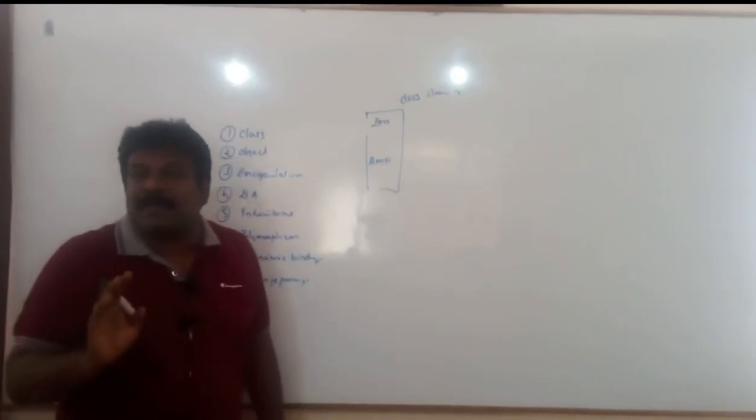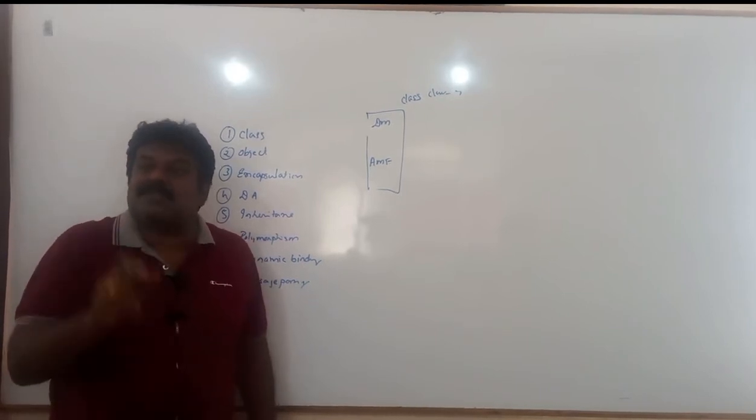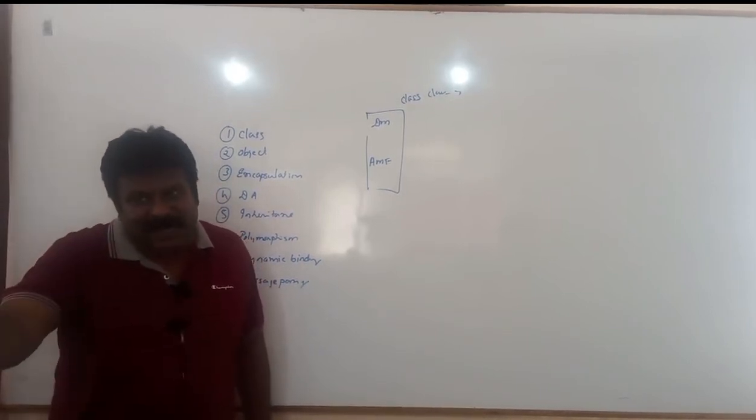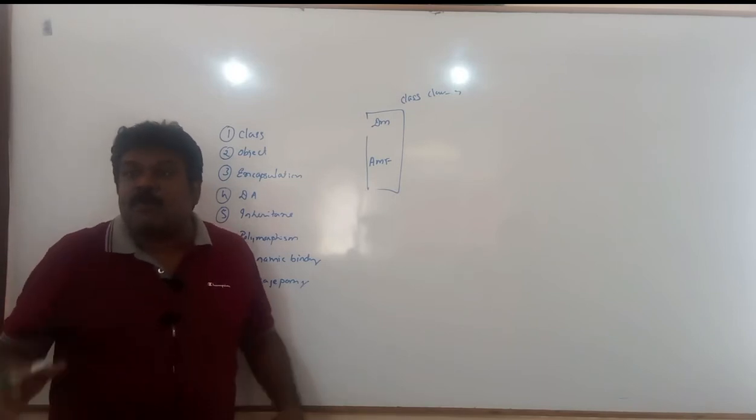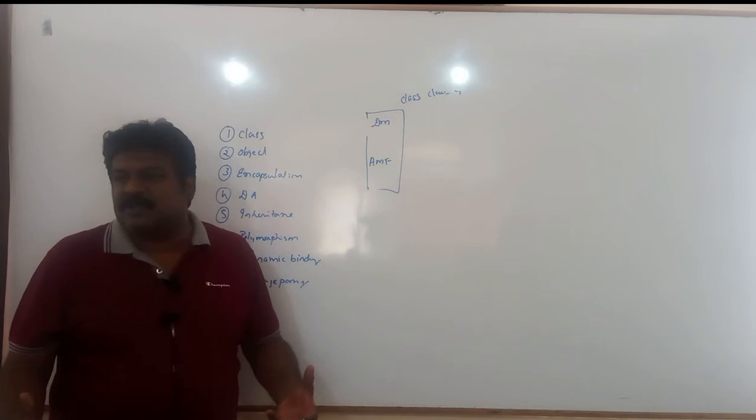So what do you mean by class? Class is a user-defined data type constructed by making use of basic data types, where we bundle data members and associated member functions.